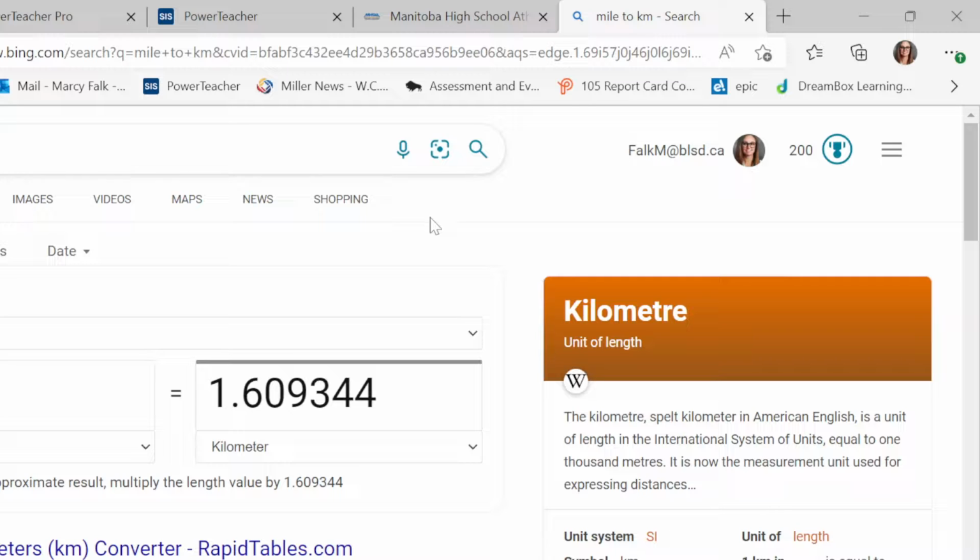Did you know that? They were saying that miles was bigger than kilometers, and they didn't believe me. 1 mile is a further distance than 1 kilometer. A mile is bigger.